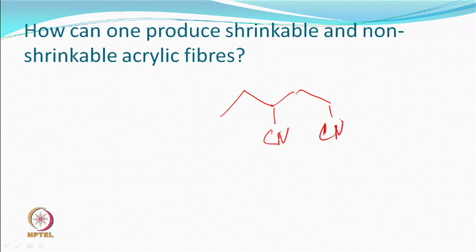So, tacticity of the polymer that has been synthesized would determine whether it is going to crystallize very well or crystallize less. So, Ziegler, Natta, etc. used catalysts to make polypropylene isotactic. Something similar has not been done here. So, by addition polymerization of this type, you cannot easily control tacticity.